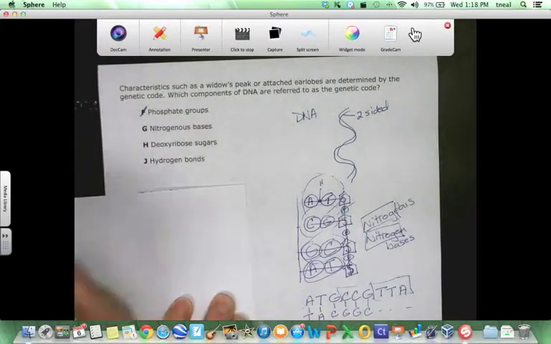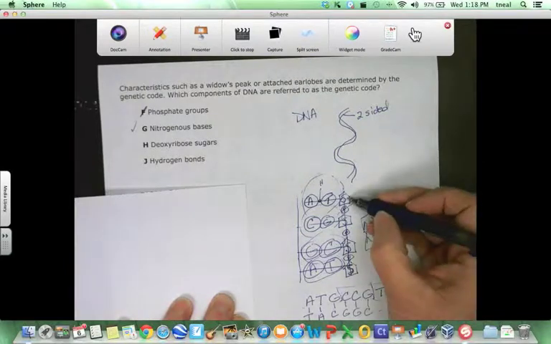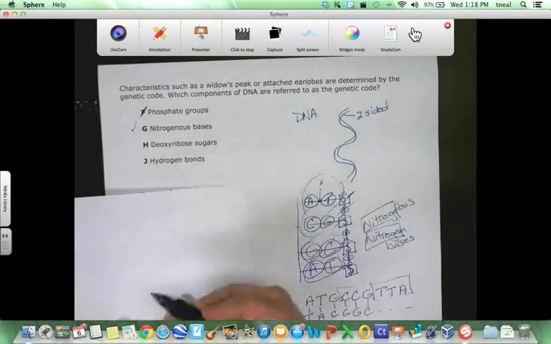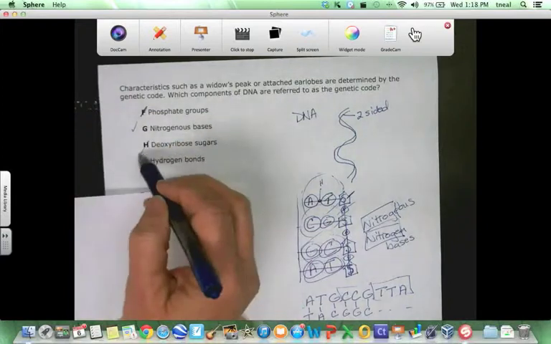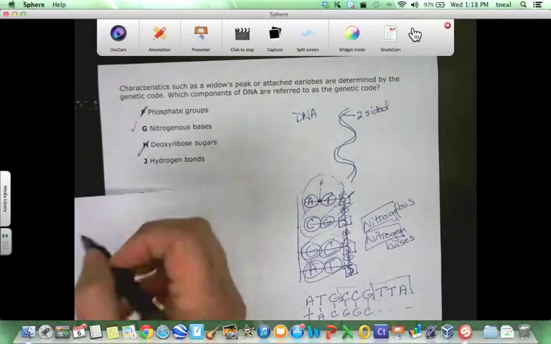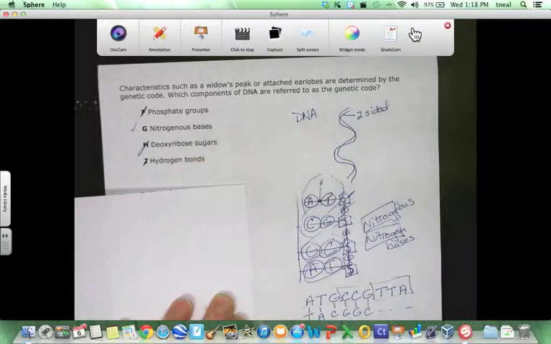The nitrogen bases, that's looking good. Deoxyribose, the sugars, remember I said I had a sugar over here. Deoxyribose deals with the D in DNA. That's not it. And then the hydrogen bonds, the wee little tiny hydrogen bonds. So it is the nitrogen bases in DNA that actually give us our genetic code.